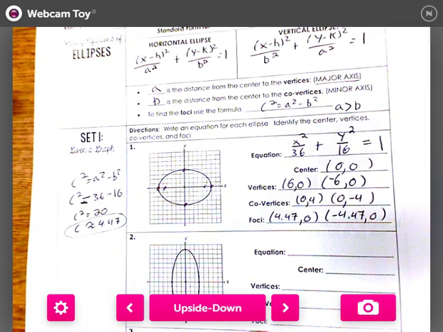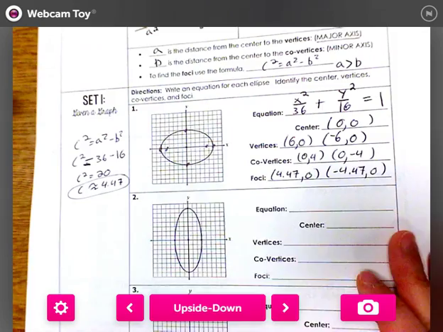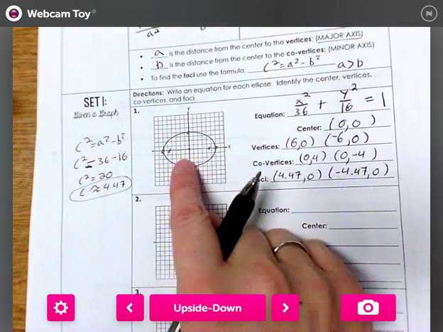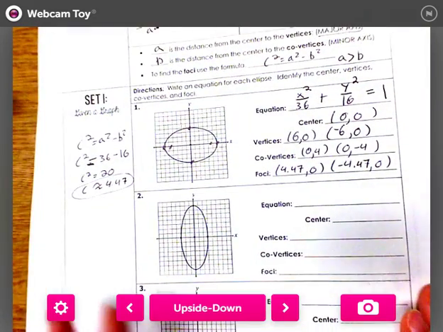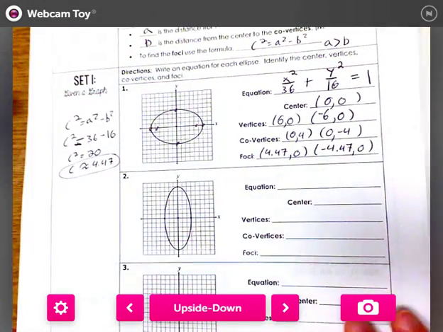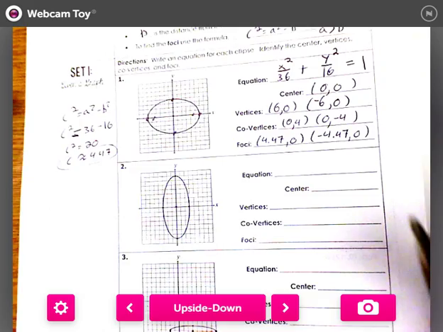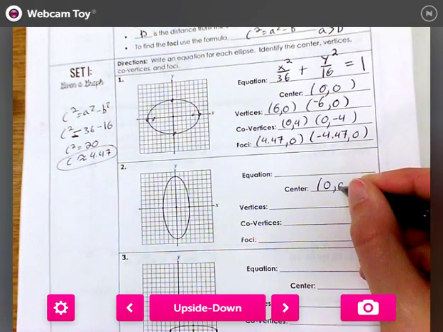How about we just do one more on the front here, and then we move to the back. Let's do number 2, because instead of being a horizontal ellipse, we have a vertical ellipse. So I just want to make sure we do the switch part of it that we need to do. All right, what's the center of this one, guys? 0, 0.